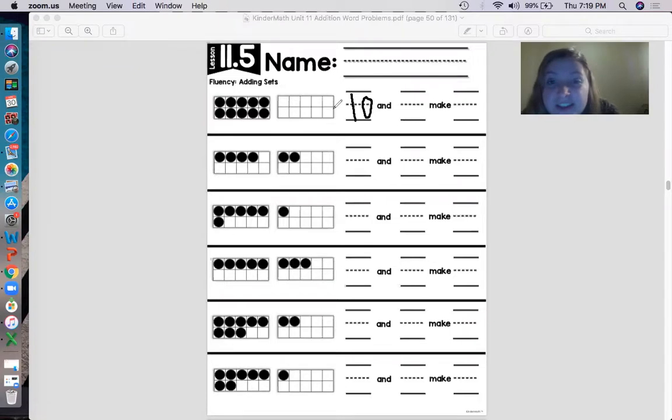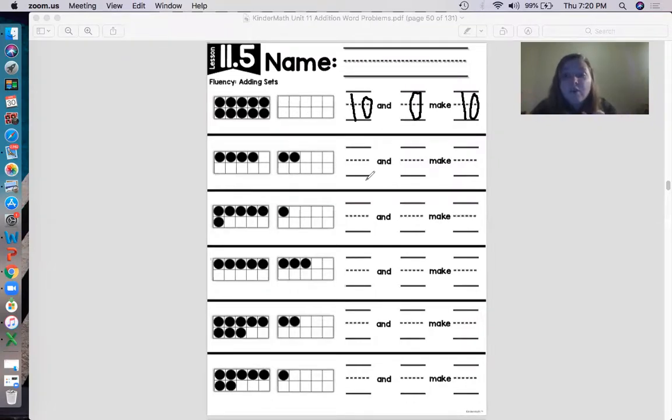How many do I have in the second 10 frame? I have 0. So 10 and 0 make what? 10. Good job. Because we want to know how many there are altogether. And altogether, there's only 10.